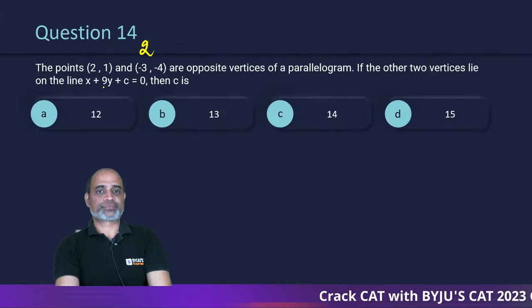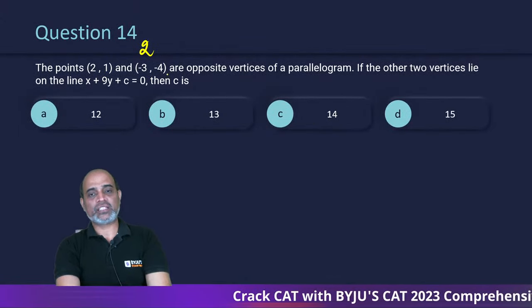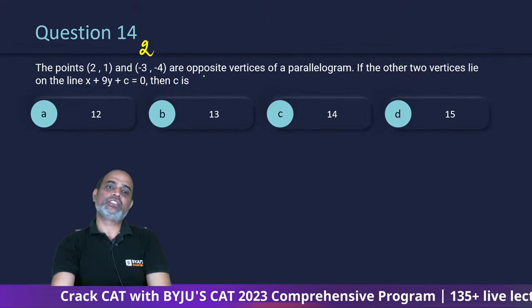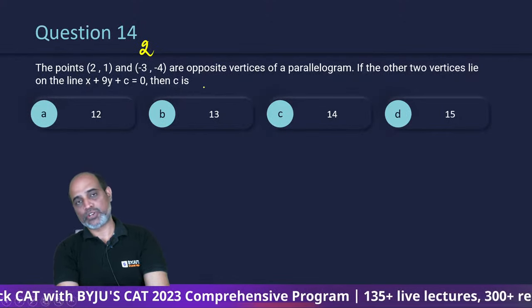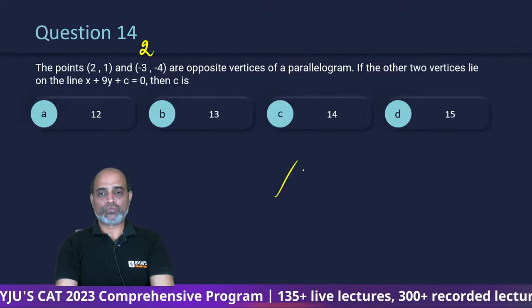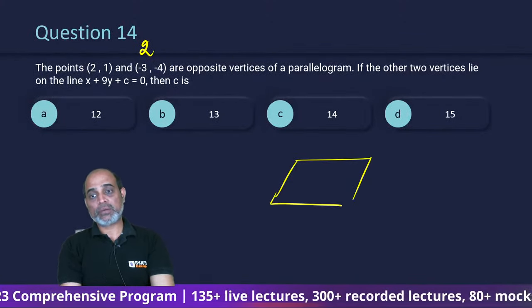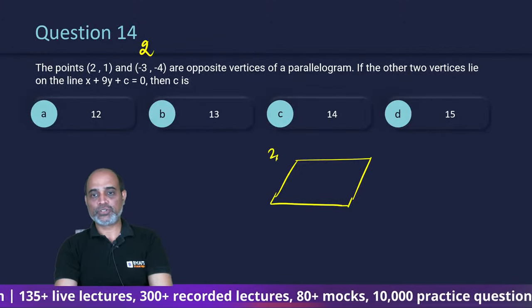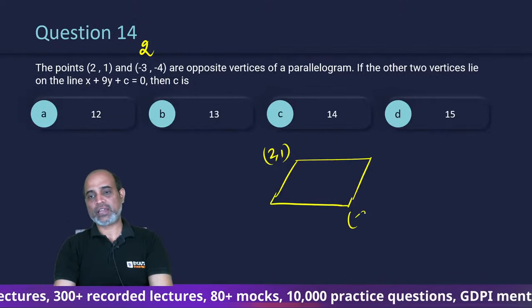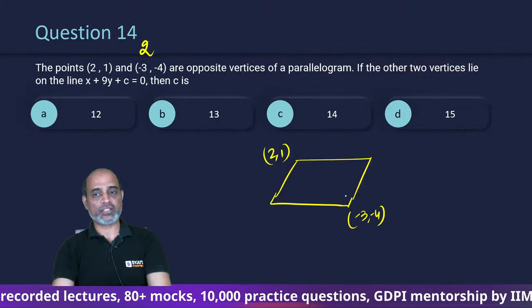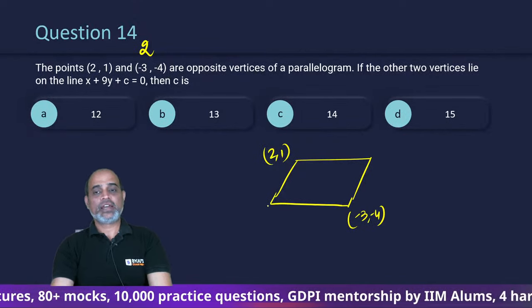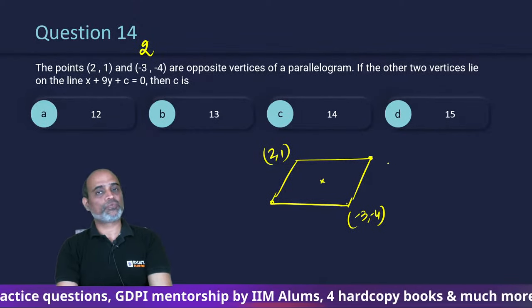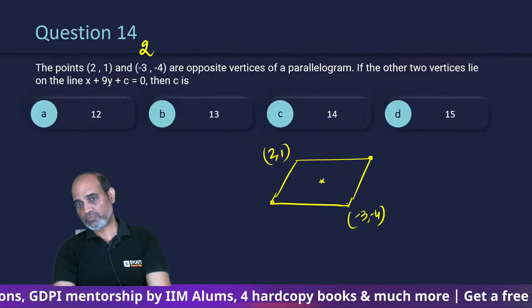Next question. The points (2, 1) and (-3, -4) are opposite vertices of a parallelogram. If the other two vertices lie on this line, then C is going to be what? After reading, I realize this is a sitter. For that, you need to understand that if (2, 1) and (-3, -4) are opposite vertices, then the midpoint of both pairs will be the same.